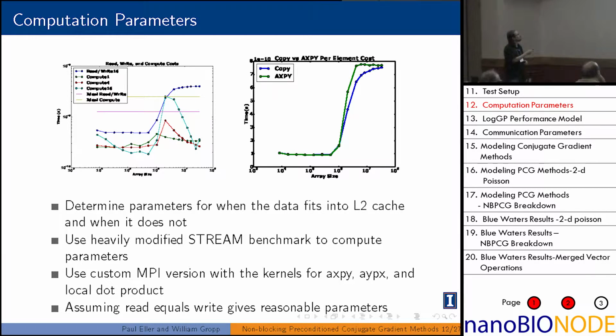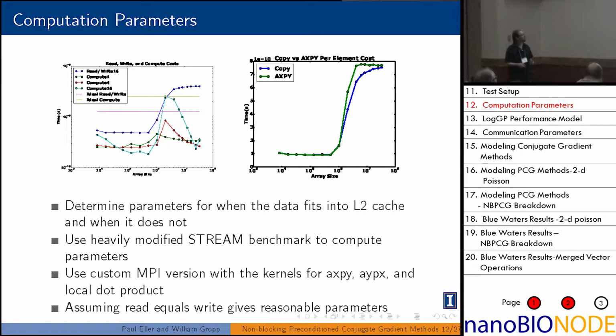In particular, for 16 cores, we see this dark blue line. We see two pretty clear sets of parameters, one when it fits into cache, one when it does not. The compute parameters aren't quite so nice. For one core, we see this green line. For 4 cores, we see this jump up, and we see an even bigger jump for 16 cores.